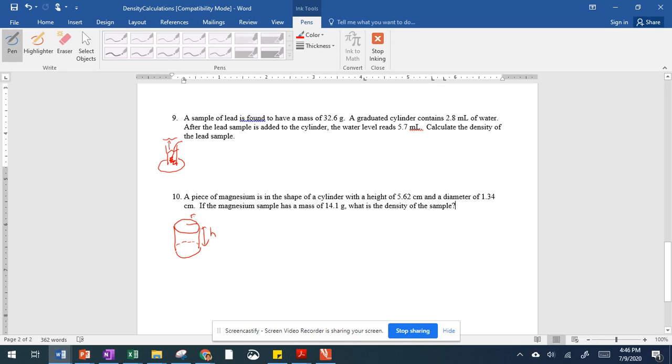We have the diameter, so we can calculate the radius, and the formula for the volume is height times pi r squared. So once you know that, you can then use the mass and find the density. Okay, so good luck on the density problems, and email me if you have any questions.